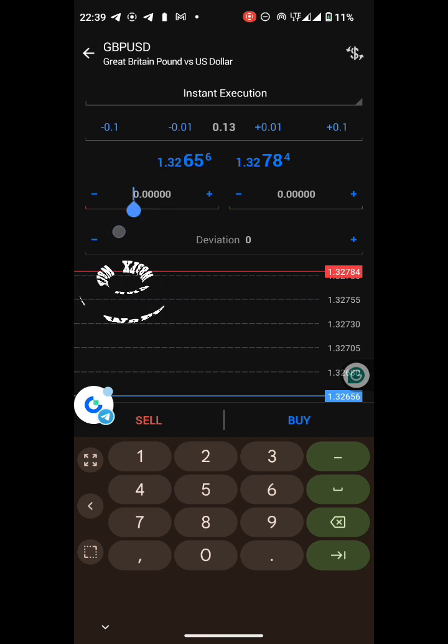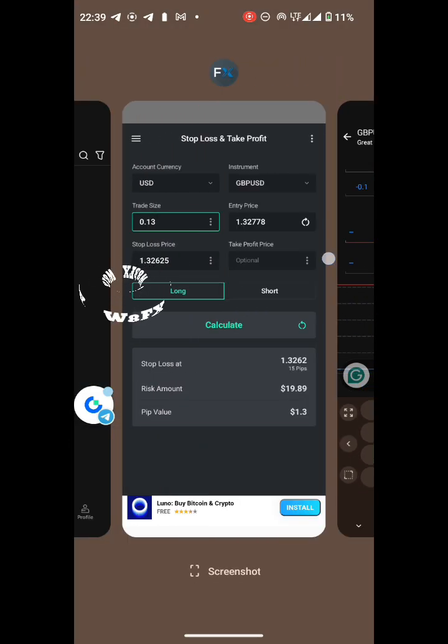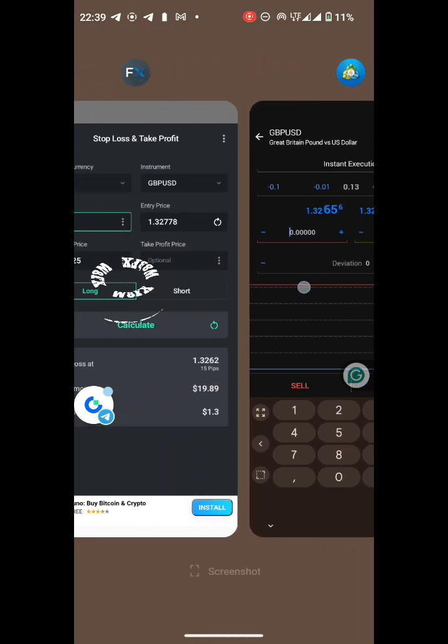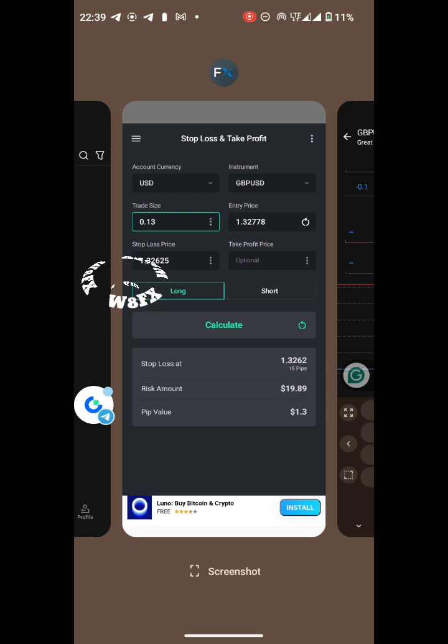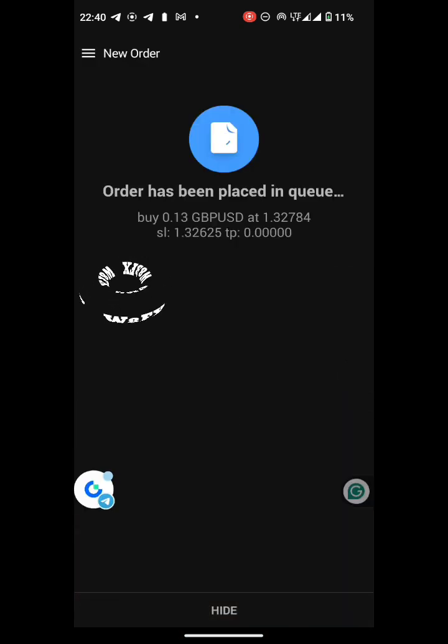We need to put the stop loss price to make sure we secure our risk, that we are not risking more than that. So 1.32625. Like this. Now that the stop loss price is in place, there is no way we are going to be risking more than 20 USD. There's no way.